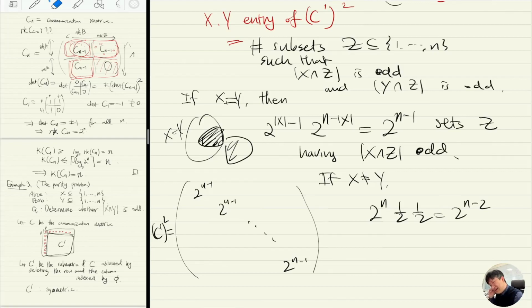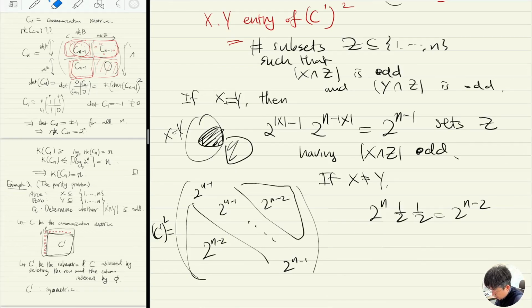The event that you have an odd intersection with x is independent of the event that you have an odd intersection with y, because x and y are different. So the off-diagonal entries are 2 to the n minus 2. Right? So that's the square.